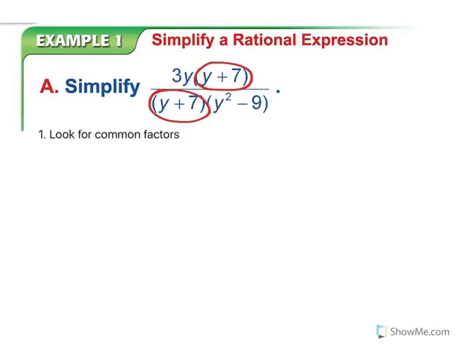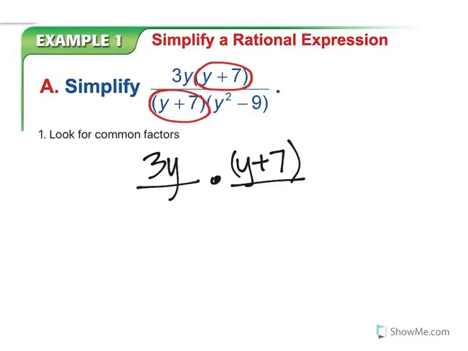We can rewrite this to be 3y times y plus 7. You want to separate these factors. So we have 3y times y plus 7 over y squared minus 9 times y plus 7.